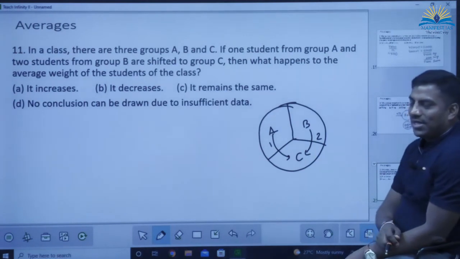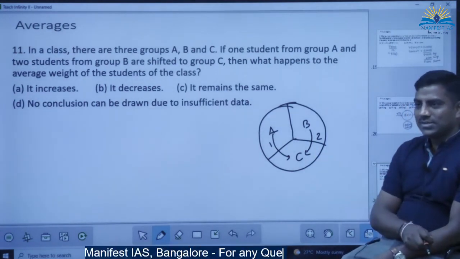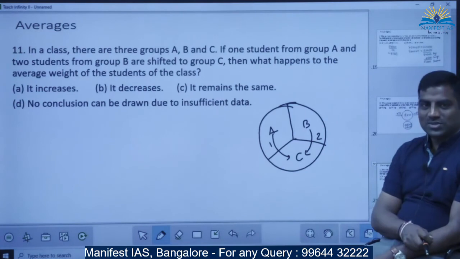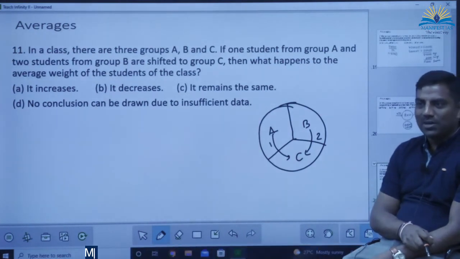See, our mind works like this. We come from schools. In one class, there used to be more than 2 sections, A section, B section, C section. Our mind goes like that. From A, people are shifting. From B, people are shifting.